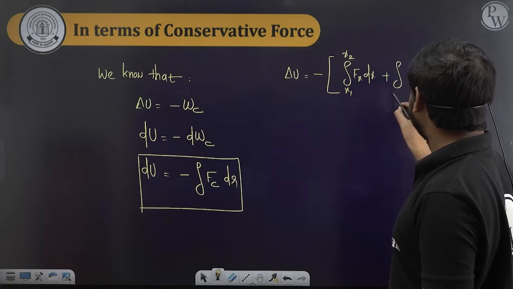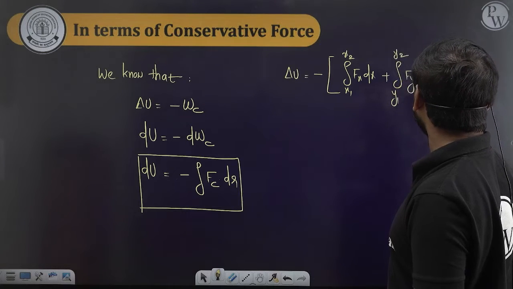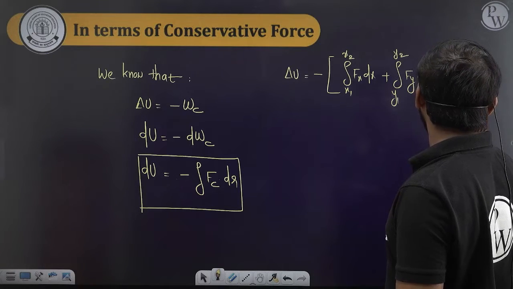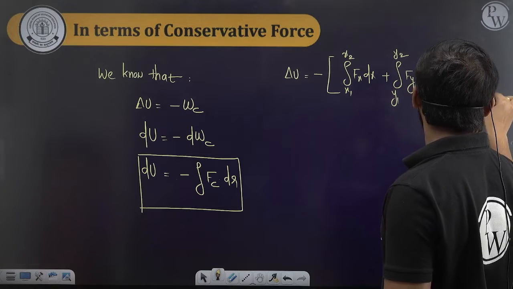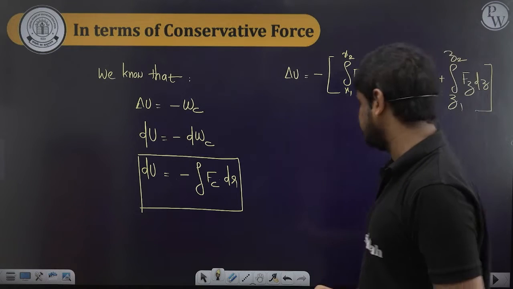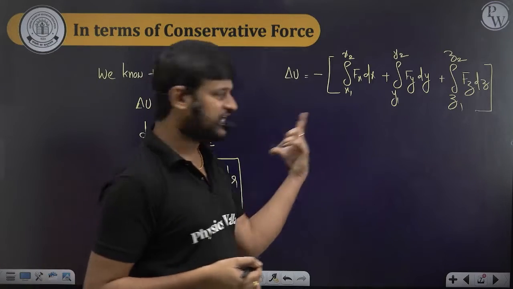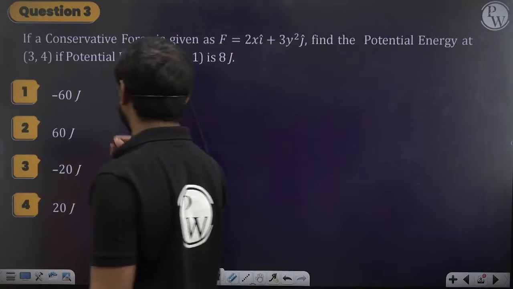Then the integration from y1 to y2 of Fy dy, plus the integration from z1 to z2 of Fz dz. This is the change in potential energy. Hope the concept is clear, guys. Chal, let's solve a question so that you understand even better.